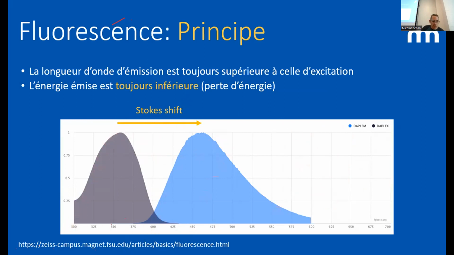DAPI absorbs at 350 or 360 nanometers. It absorbs photons, gets excited, and emits at 470, 460. This difference is the Stokes shift. And you see that you have a lot of nanometers in between to separate the absorption from the emission.